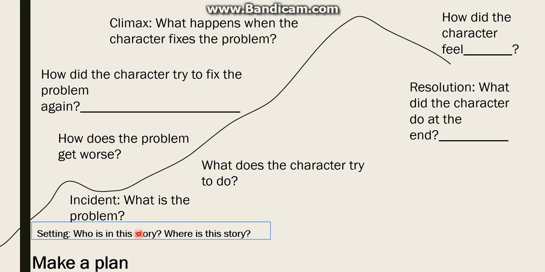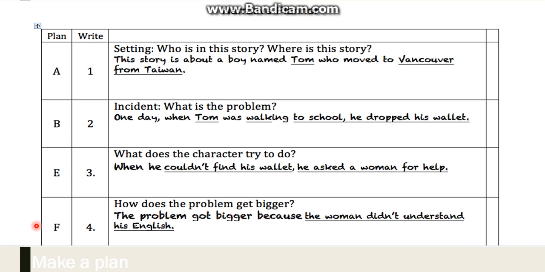So if we go back to this graphic, this is where we began. Next, the incident. One day when Tom was walking to school, he dropped his wallet. So that could change. This could be a different story. One day when blank was doing something, something happened.